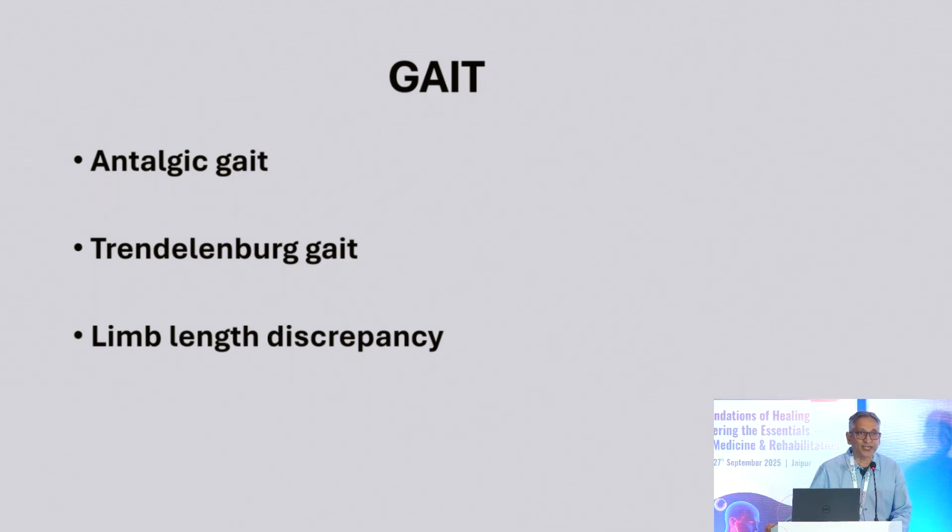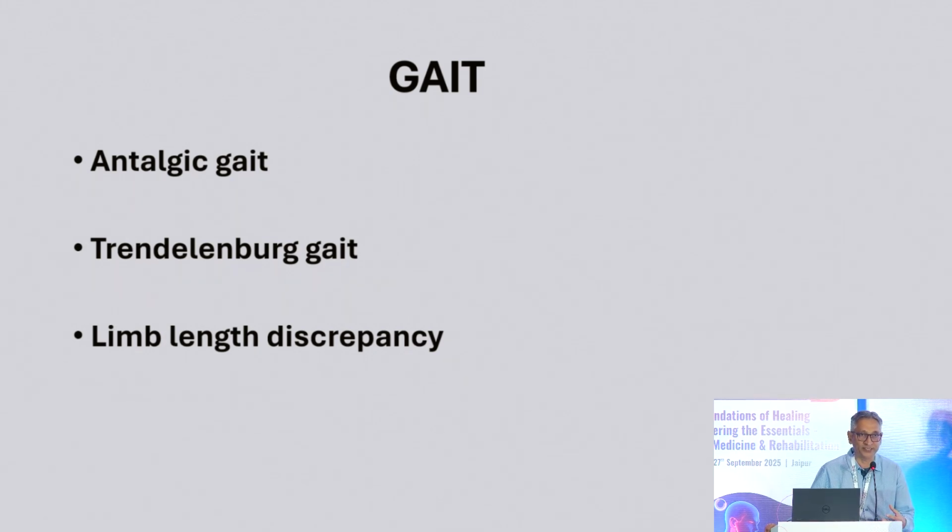And what about the Trendelenburg gait? Where is the lurch? Is it to the same or opposite side? In a Trendelenburg gait also, the lurch is towards the affected side only. The only difference between an antalgic gait and a Trendelenburg gait is that the step length and the stance phase are normal in a Trendelenburg gait, and strides are also normal.